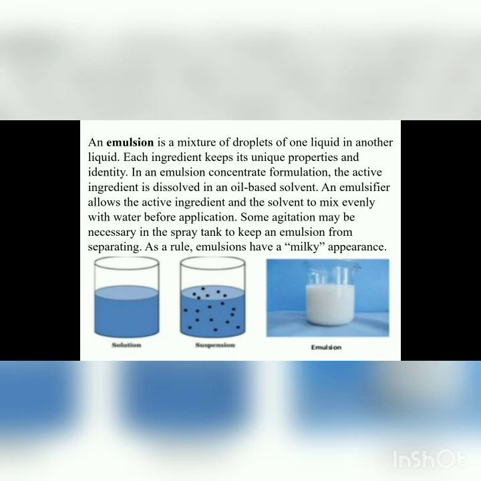Some agitation may be necessary in the spray tank to keep an emulsion from separating. As a rule, emulsions have a milky appearance. In the image we can see the first beaker solution, the second one suspension and the third one emulsion.